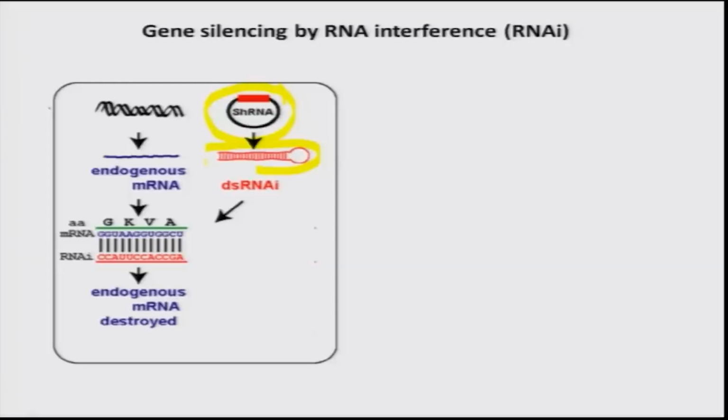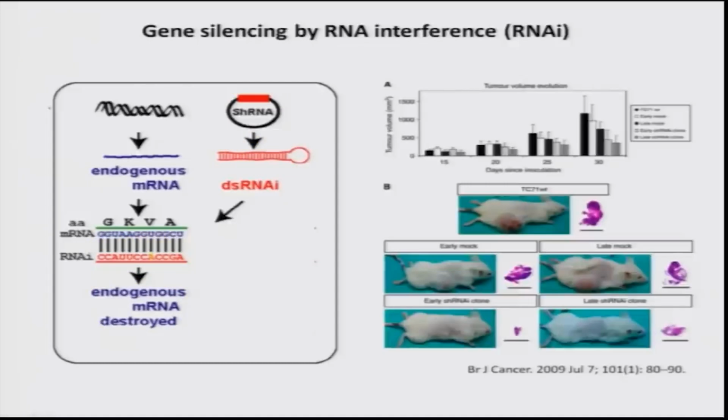So, when you make this and introduce it inside the cell, or you make the cells produce this, then one of the strands, that is how the system functions, goes and forms complementary base pairing with a target RNA, and of course, such a duplex is recognized by the machinery and removed. So, we are using the same machinery that otherwise regulates the normal function of the gene. In this way we can target any of these.